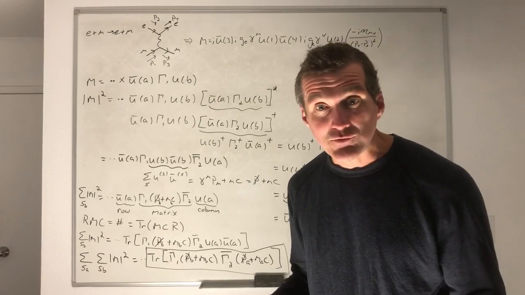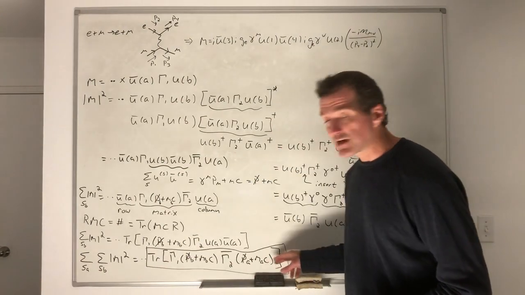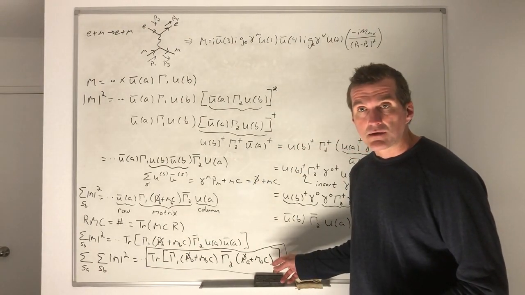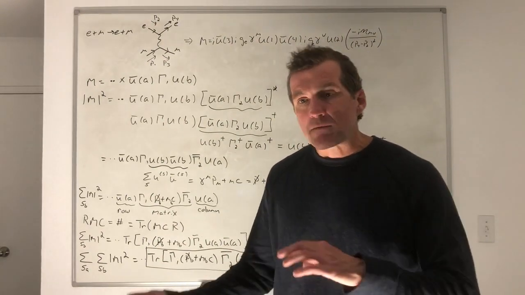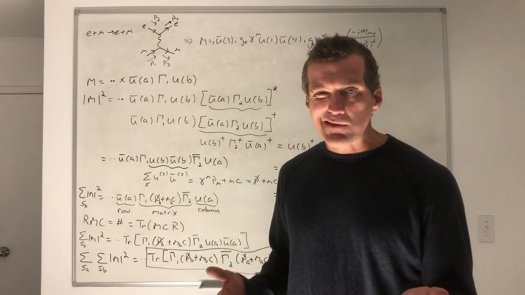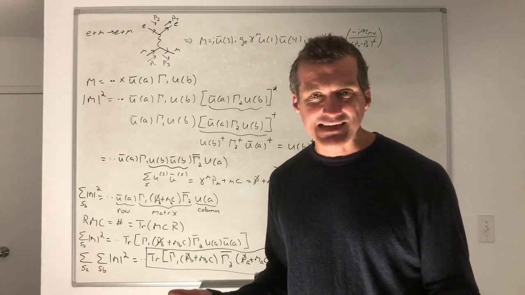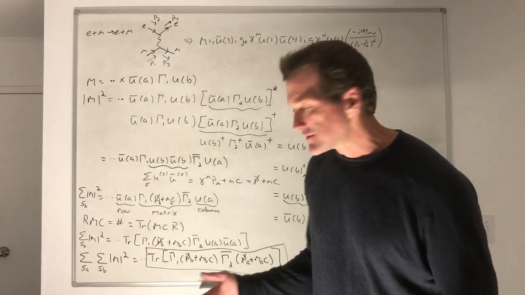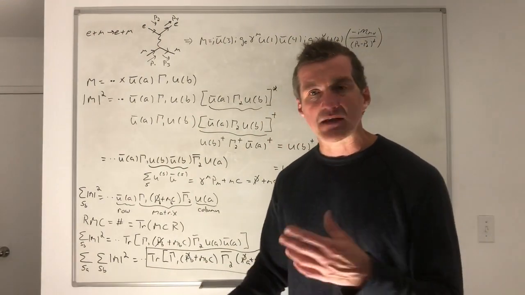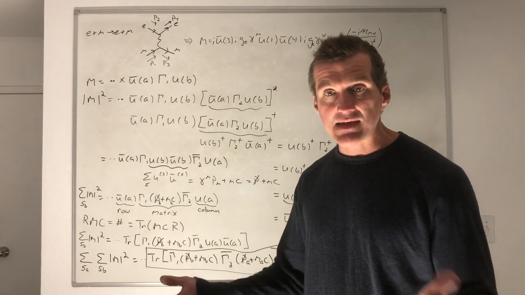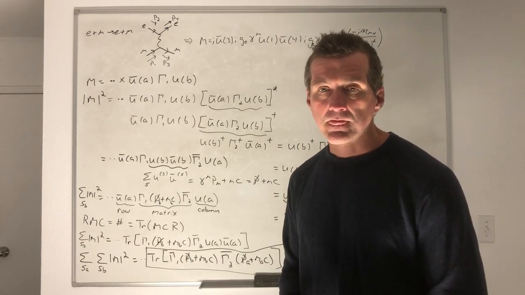Scalar. You're left with a scalar. This thing is just going to be a number. What we're calculating ultimately is the probability or the lifetime of something. It can't be non-trivial in spin space. It's got to be a number. So this trace right here is one of the key steps to getting rid of the spinorial things and just producing a number. Okay?